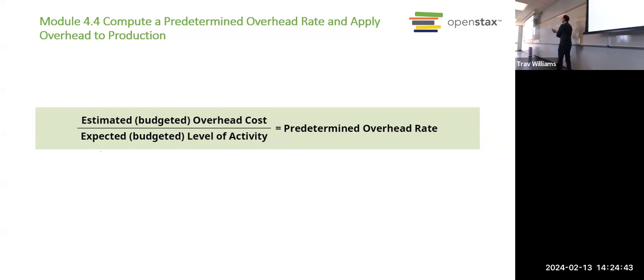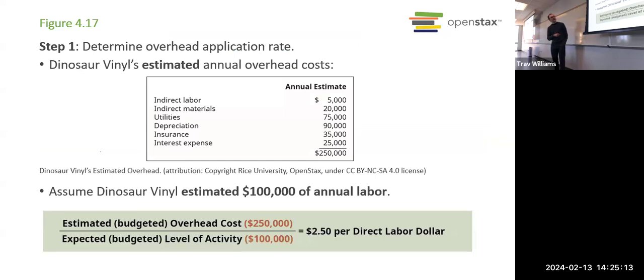What were the 3 activities we can use to estimate our overhead rate? Yeah, so direct labor costs, direct labor hours, and machine hours, right? So we pick one of those 3 as our activity, estimate how much of that we think we will have for the year. Then we take our estimated overhead, divided by the estimated activity, and we get our overhead rate, which we can then apply to every job at the end of the job.